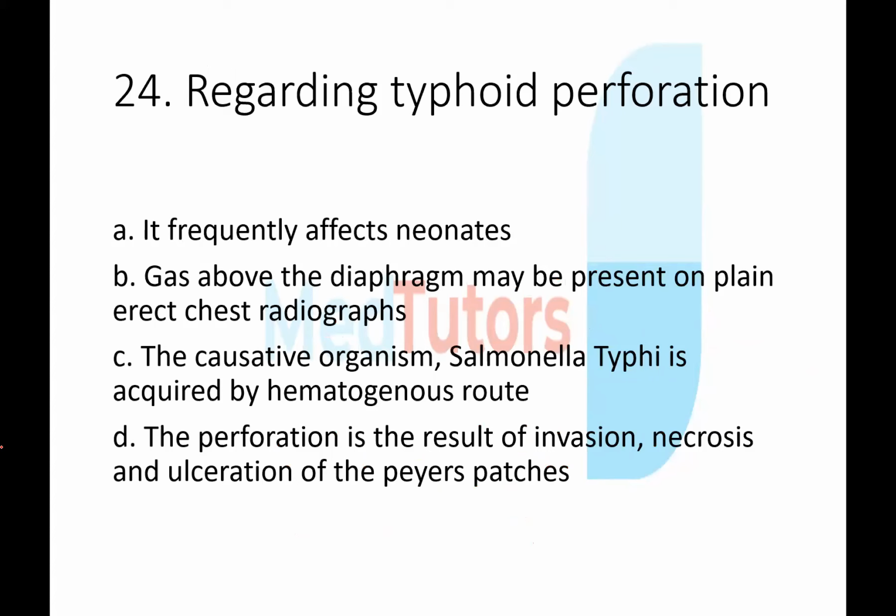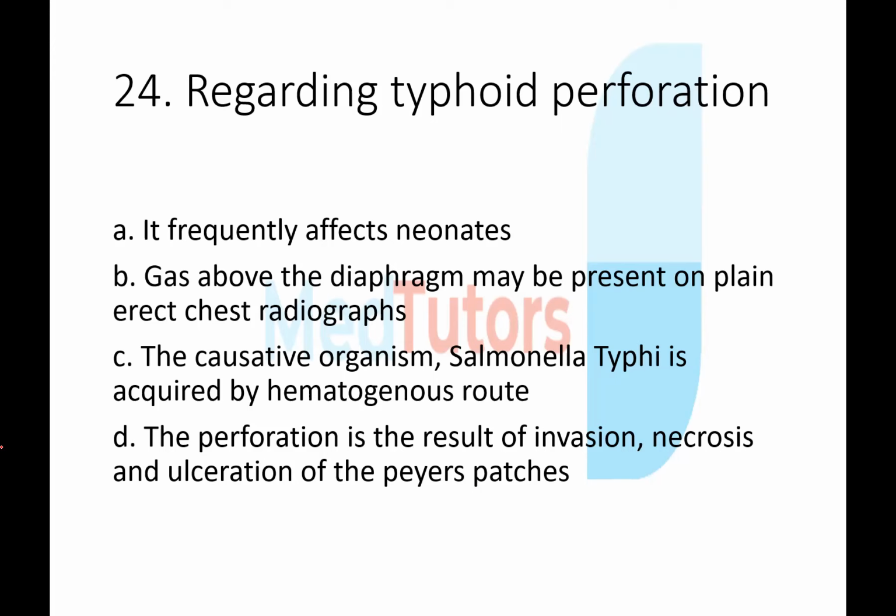Regarding typhoid perforation, A, it frequently affects neonates. B, gas above the diaphragm may be present on plain chest radiographs. C, causative organism, Salmonella typhi, is acquired by hematogenous routes.